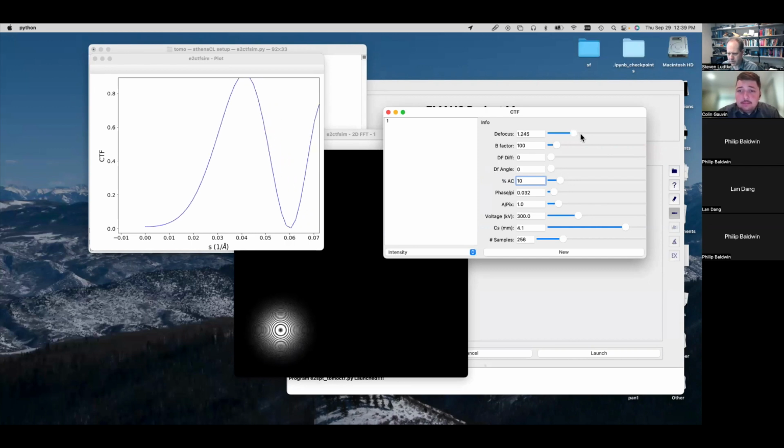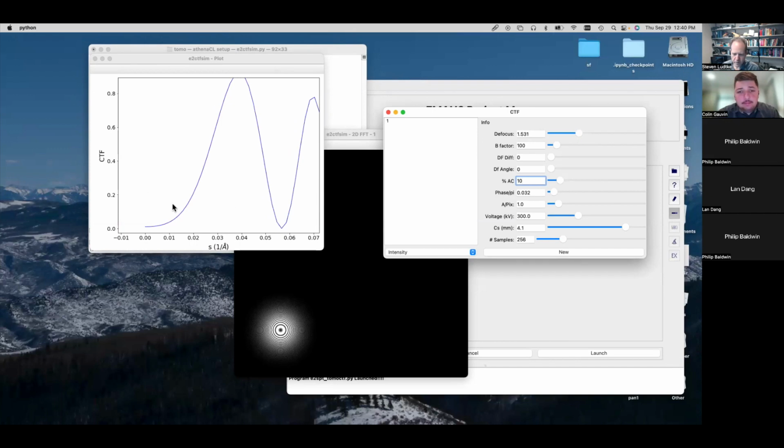If you play with the defocus a little bit, the amount of impact that's going to have in here is not all that great. The amount of impact it has here is tremendous, because you're shifting the position of the 0. If you go from 1.5 to 1.9, you've gone from 0 signal to noise to 1. It's extremes. But if you're looking here only at the low resolution regime, then playing with the defocus has only a modest impact on the signal to noise ratio.